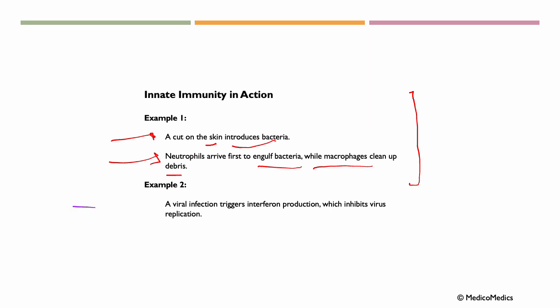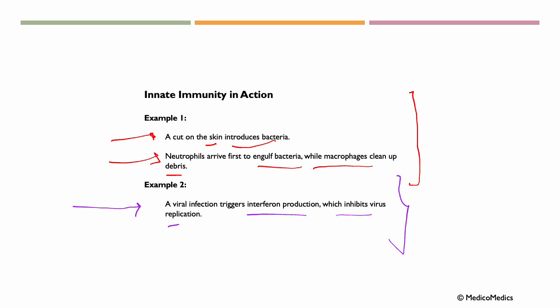Another example, a viral infection triggers interferon production, which inhibits virus replication. So during a viral infection, such as influenza, for example, or SARS-CoV-2, cells detect viral genetic material. And they will then produce type 1 interferons.